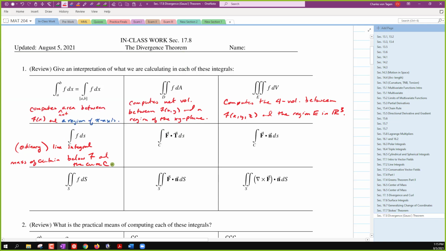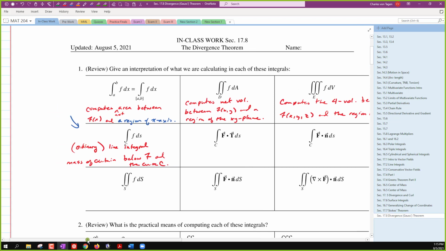Let's add something there, folks. If f is 1, then that line integral computes the length of the curve.